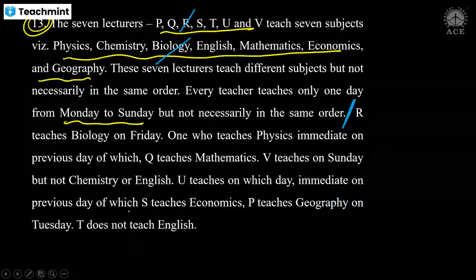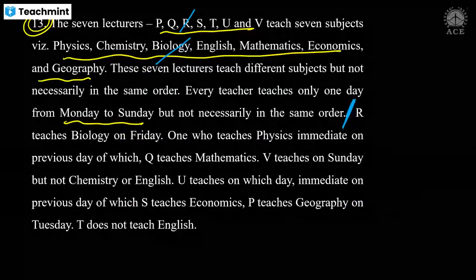Next one, the one who teaches physics is on the previous day of which Q teaches maths. Q is teaching maths, and the day before some day, the one who teaches physics, the previous day is maths.